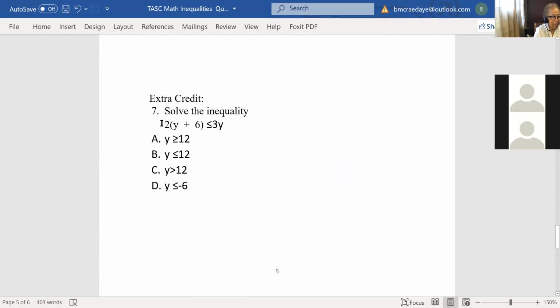Let's just take this and follow your PEMDAS. What do you get first? Parentheses first. That's right. So what's 2 times y plus 6? What does that give you?